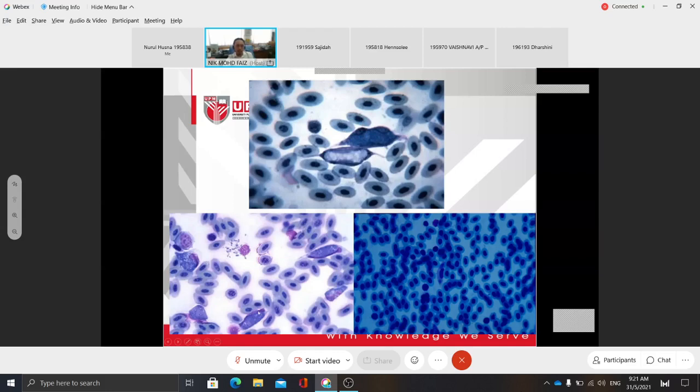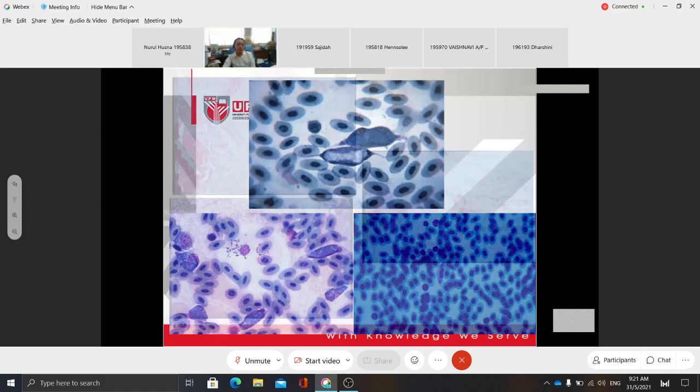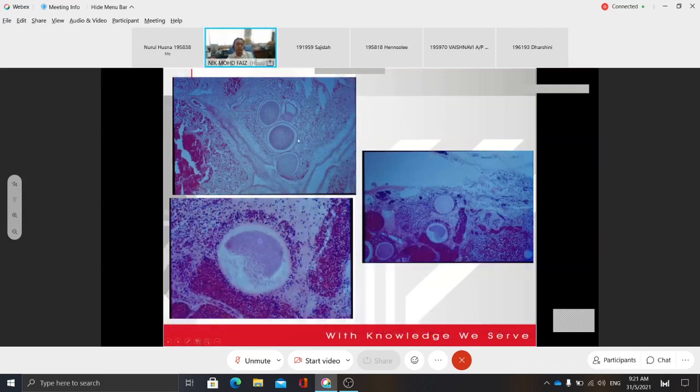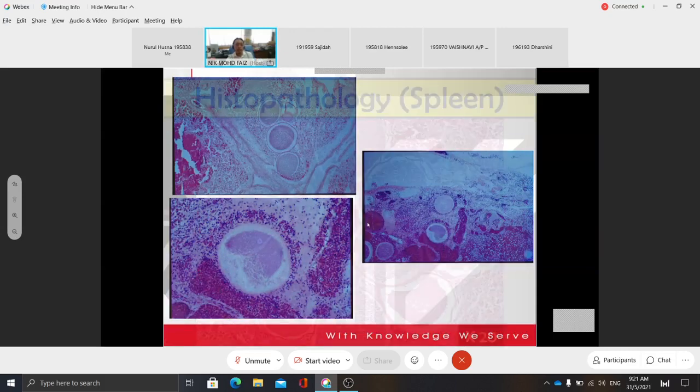Okay, this is how they look like. But it's not as easy to find, because in some cases you do a blood smear and you don't see it unless it's really, really severe. So this is how they look like again. This is a tissue, some tissues, the schizonts and megaloschizonts.